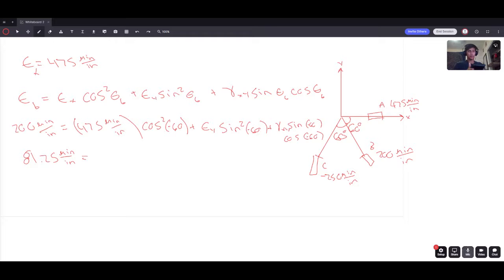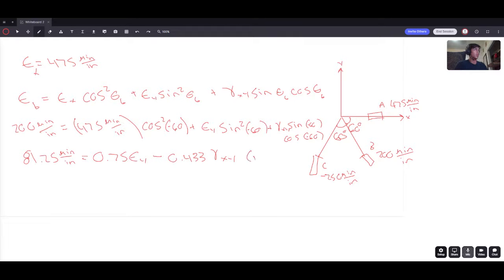And then sine squared of negative 60 is 0.75 times epsilon Y. And then sine of negative 60 times cosine of negative 60 equals negative 0.433 gamma XY.